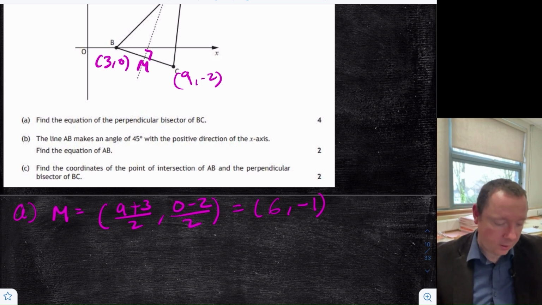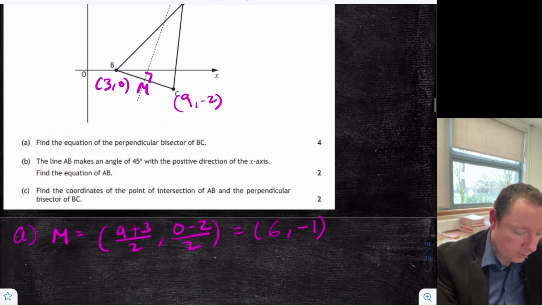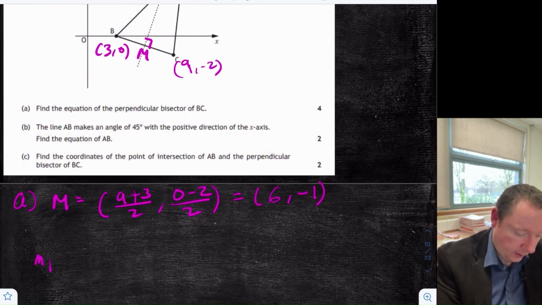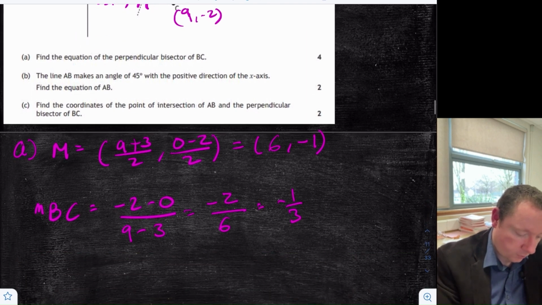We now need the gradient of BC, then use perpendicular gradients. So the gradient of BC is equal to (minus 2 take away 0) over (9 take away 3). That's minus 2 over 6, which is minus a third. So therefore, the gradient of our perpendicular is equal to 3. m1 times m2 equals minus 1.